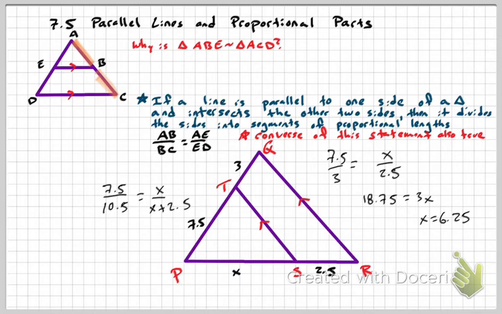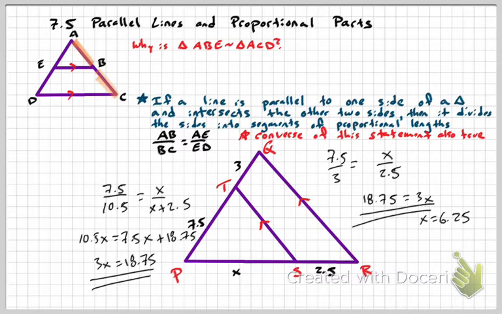Cross multiply, 10.5x equals 7.5x plus 7.5 times 2.5. Gets me 18.75. Subtract the 7.5, so 10.5 minus 7.5 gets me 3. So 3x equals 18.75. Notice we're getting to the same point that we had over here.